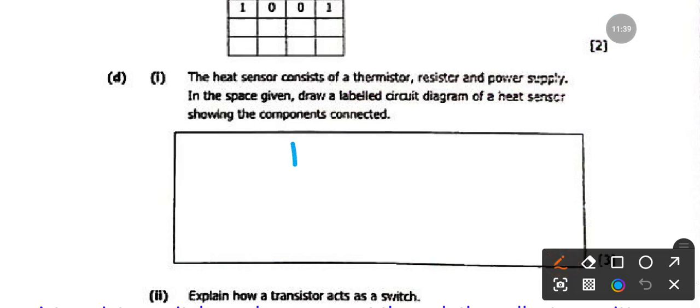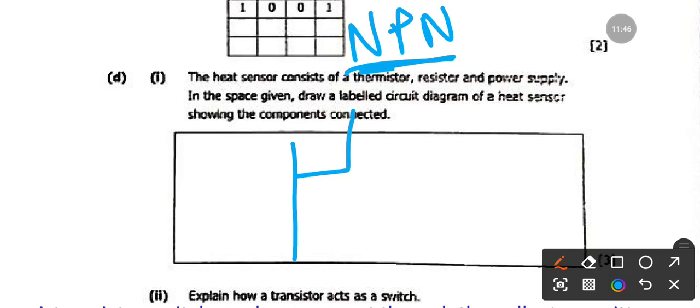Remember, the circuit symbol of a transistor, specifically an NPN transistor. So this is the circuit symbol of an NPN transistor. It is something like this, and it has 3 parts.